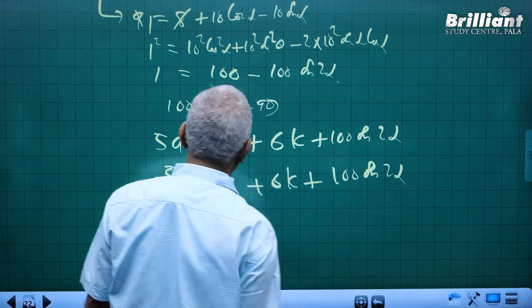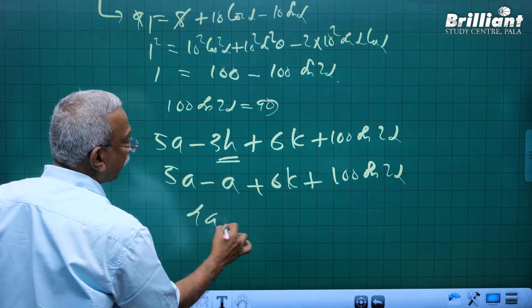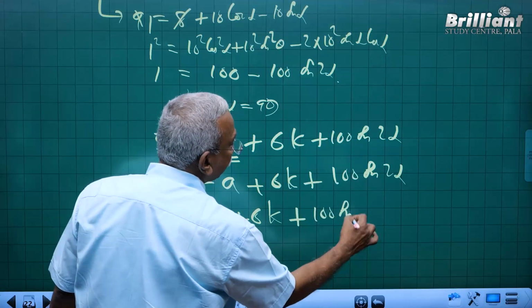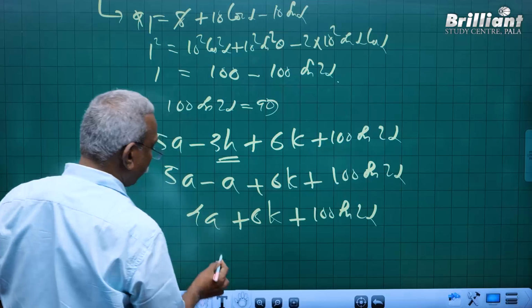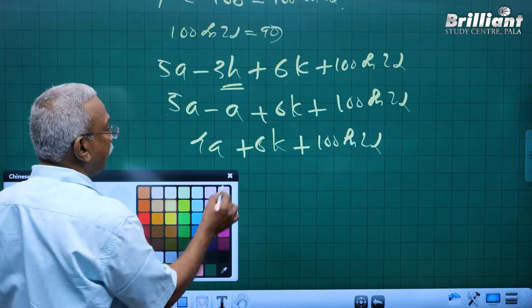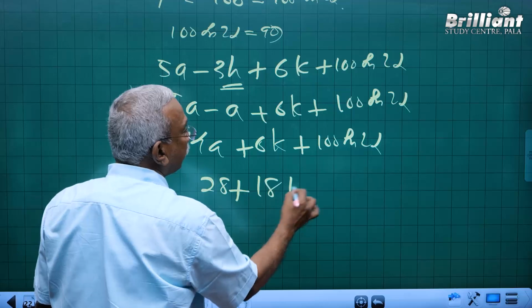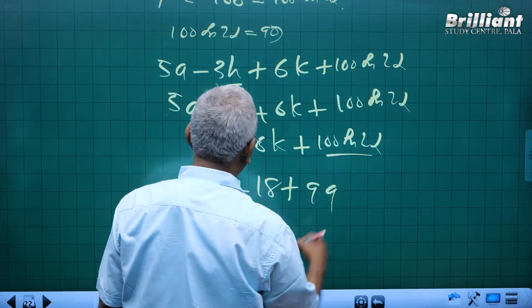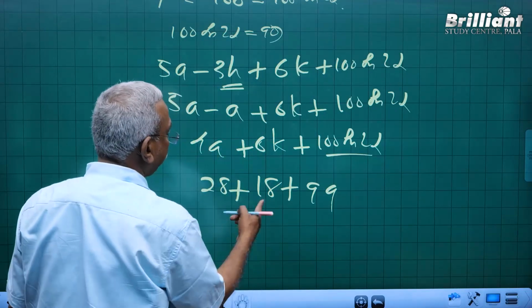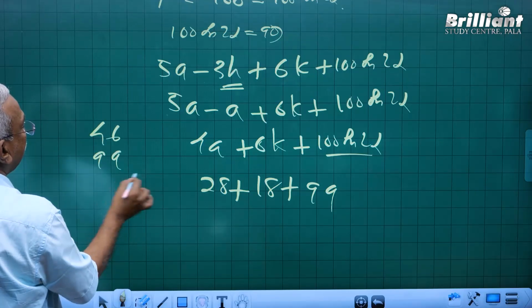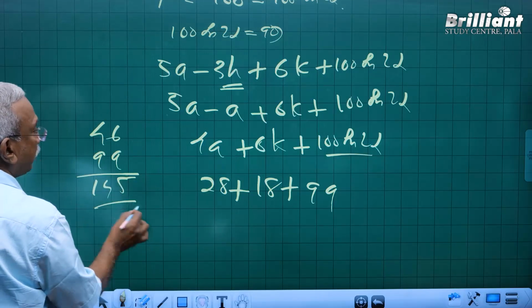This is 4A plus 6K plus 100 sin 2 alpha. Now we can replace all the values. A is what? 7, so 28. And K is 3, so 6K is 18. Plus this is 99. So here it is equal to 46 and 99, so 145. The answer is 145.